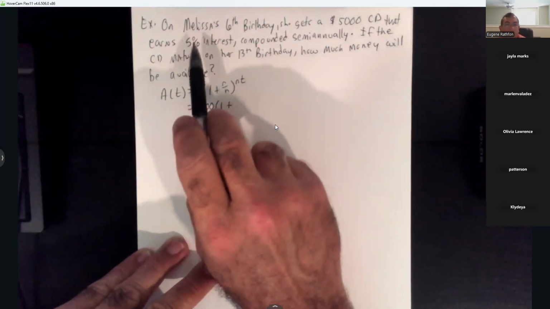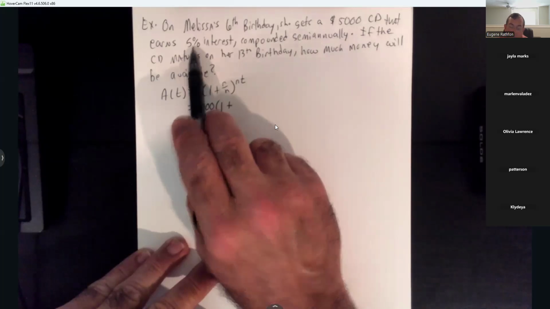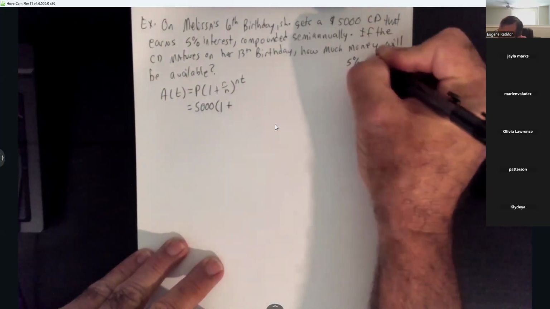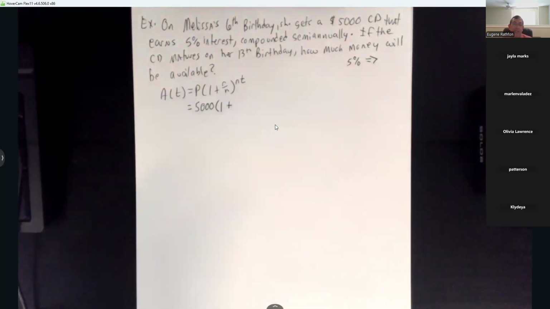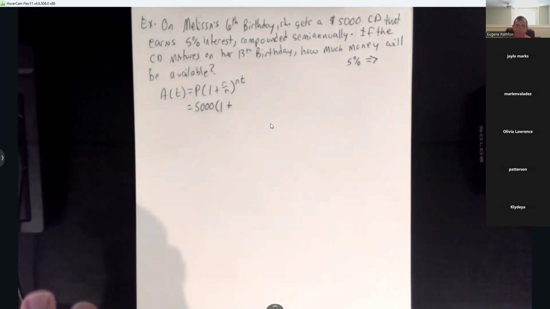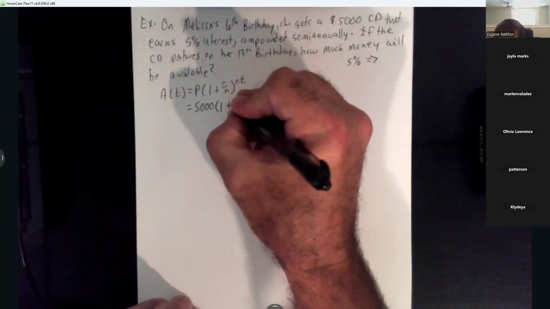So y'all, let me ask y'all to do this. Change this 5% into a decimal. So is anyone on there that can change that 5% into a decimal form? Good job. That'd be 0.05.